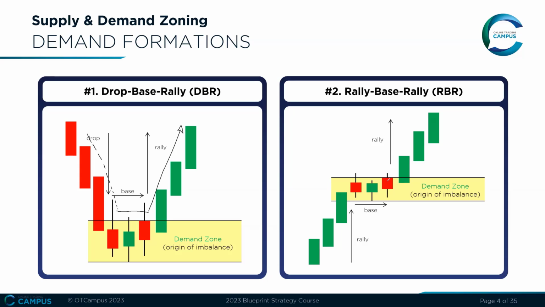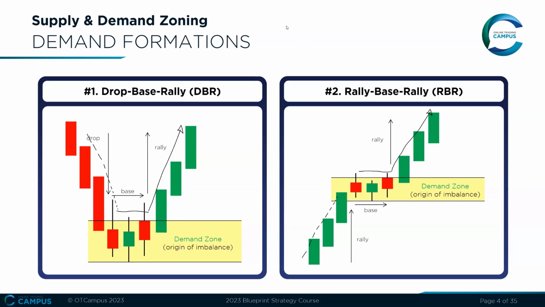The most important parts for us here again is the base and especially the rally out. Okay. What's less important for us is the rally into the zone. And you can see what the demand zones have in common.